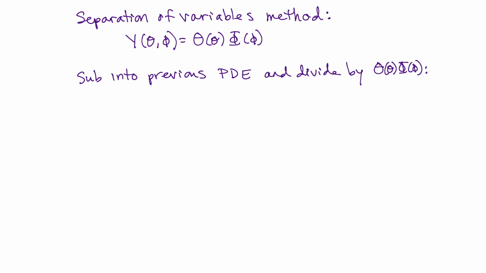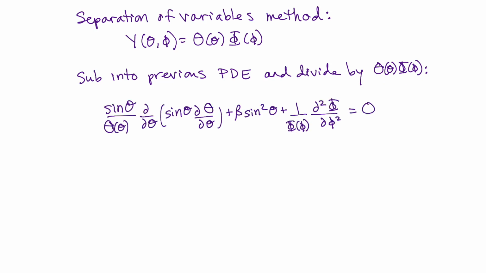This is very similar to when we did the wave equation and had big X of x and big Y of y as our separation expression. Then we substitute this into our previous partial differential equation and divide by theta of theta and phi of phi.